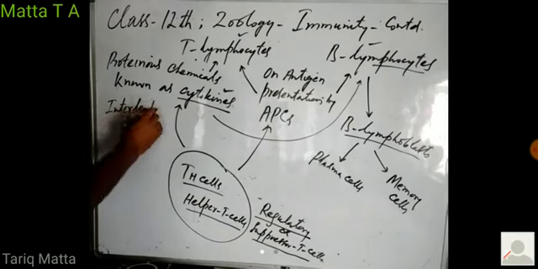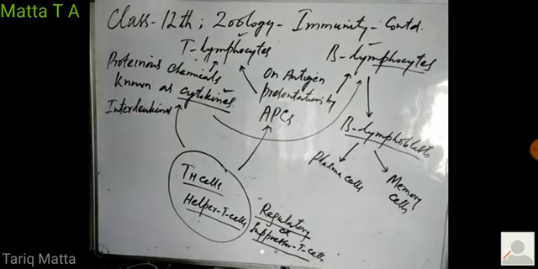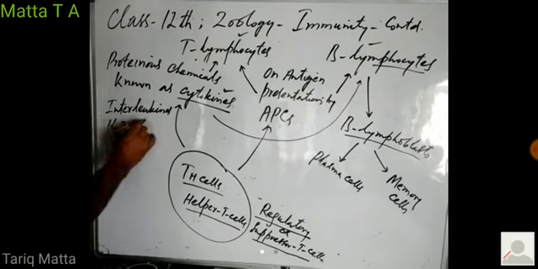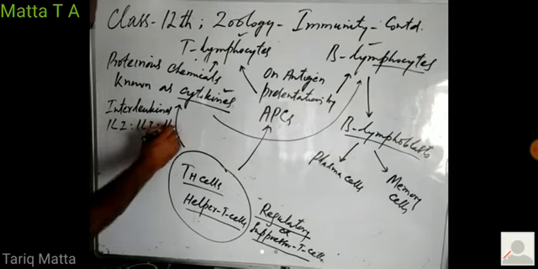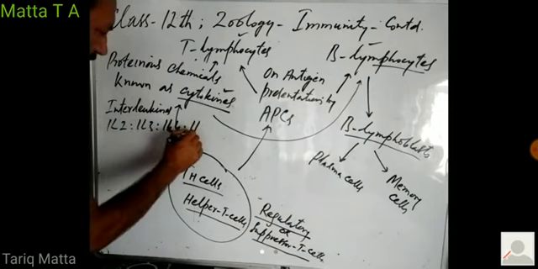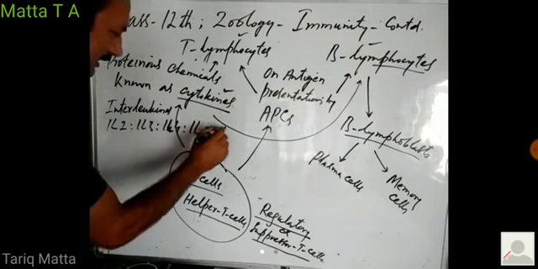Interleukin is a type of cytokine, right? There are different types of interleukins: interleukin 2, IL-2, IL-3, IL-4, IL-5, IL-6, right?